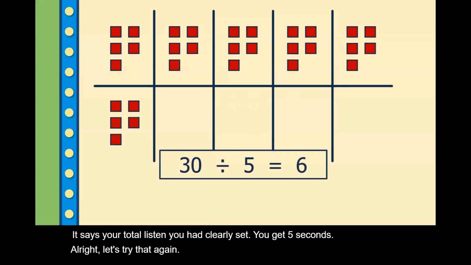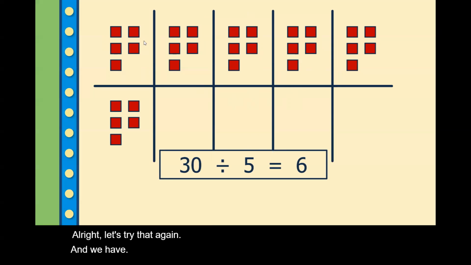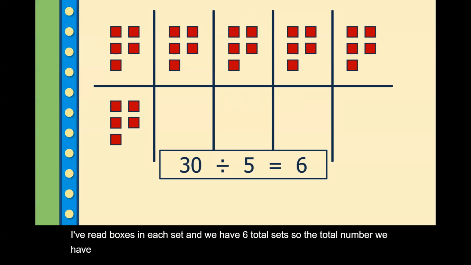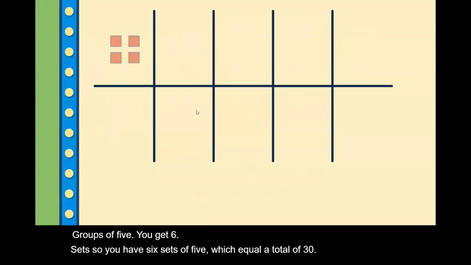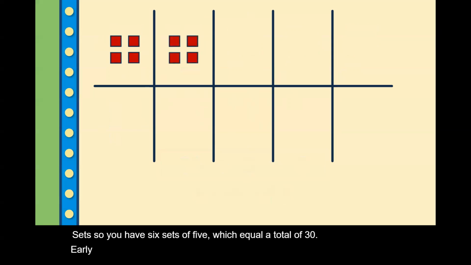Here we have 5 red boxes in each set, and we have 6 total sets. So the total number we have is 30. If you take 30 red boxes and divide them up into groups of 5, you get 6 sets. So you have 6 sets of 5, which equal a total of 30. And another problem.